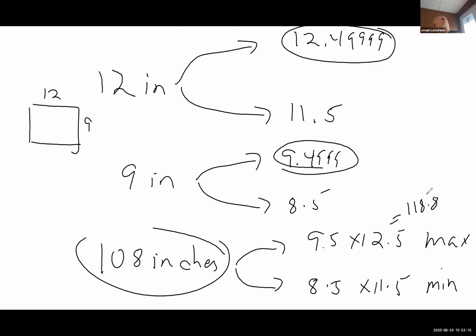And 11.5 times 8.5 is 97.8. So the actual area of this rectangle is some number between 97.8 inches squared and 118.8 inches squared.